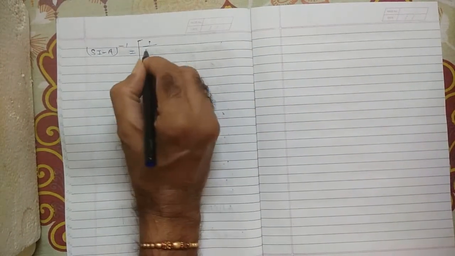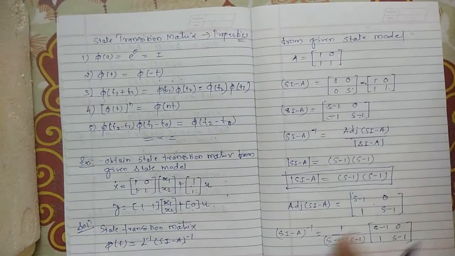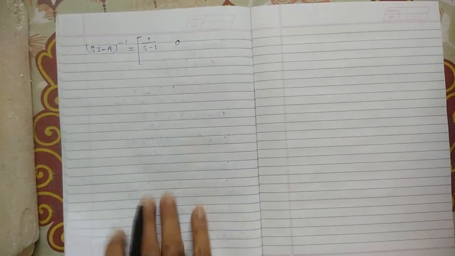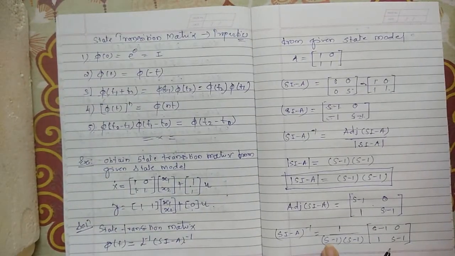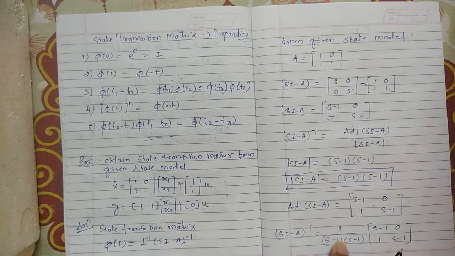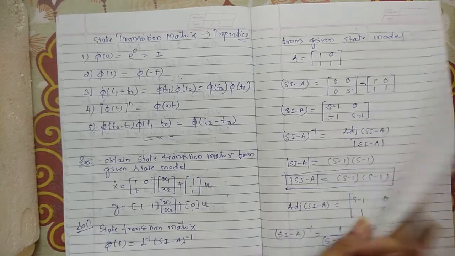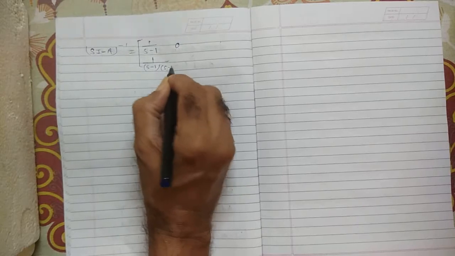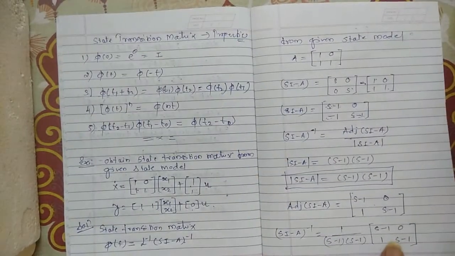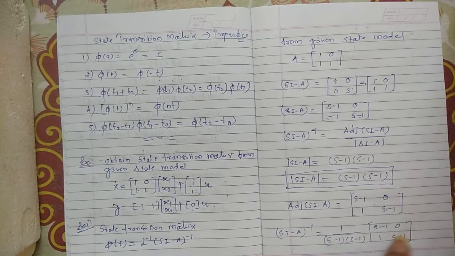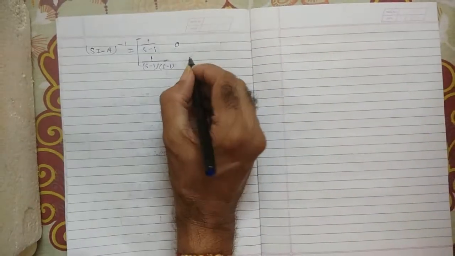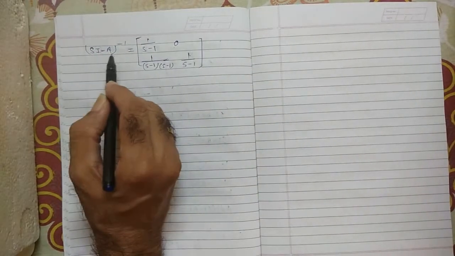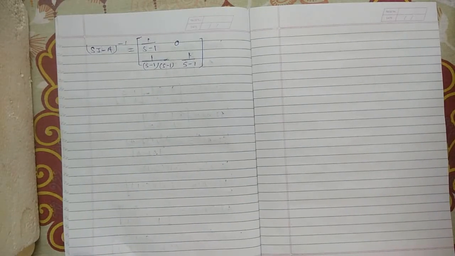Here we have 1 divided by (s minus 1)(s minus 1), and here s minus 1 divided by (s minus 1)(s minus 1), so s minus 1 gets cancelled and we again have 1 over s minus 1. So this is my (sI minus A) whole inverse.